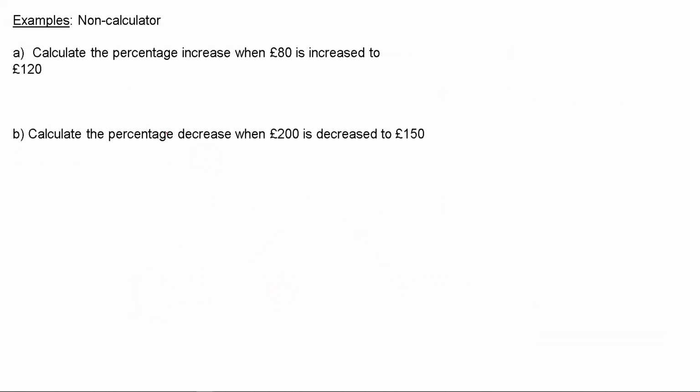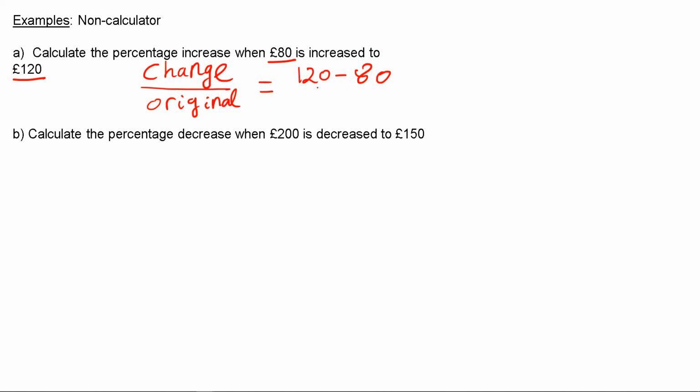Let's look at some non-calculator examples. In A, we want to calculate the percentage increase when £80 is increased to £120. To do this, I'm going to work out the change over the original and change this into a percentage. So the change is going to be 120 take away 80, that's what we're changing by.